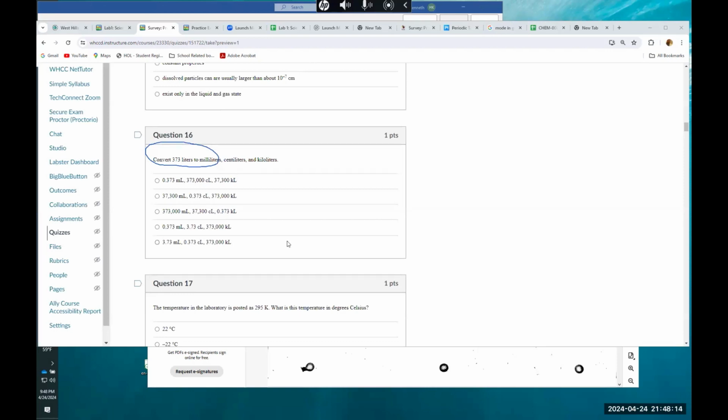Okay, let's see. Convert 337 liters to kiloliters, milliliters, centiliters, and kiloliters.